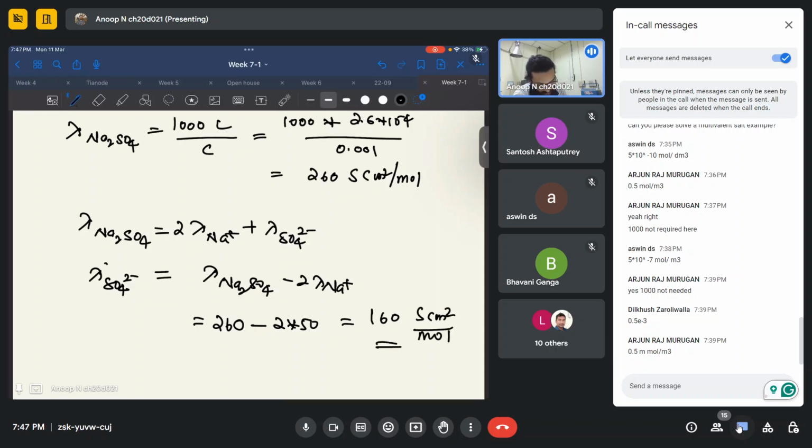It is the equivalent conductance, not lambda 0, since it's not saturated. We have been given the molar conductivity of Na plus, so from the total conductivity of Na2SO4 and the conductivity of Na plus we have calculated the conductivity of SO4 2 minus.